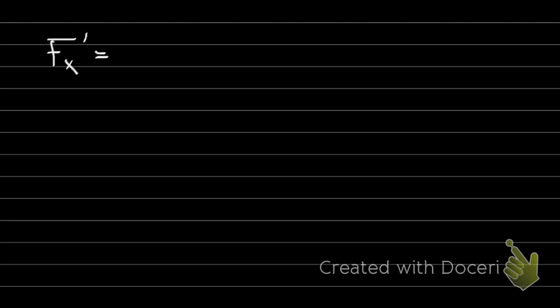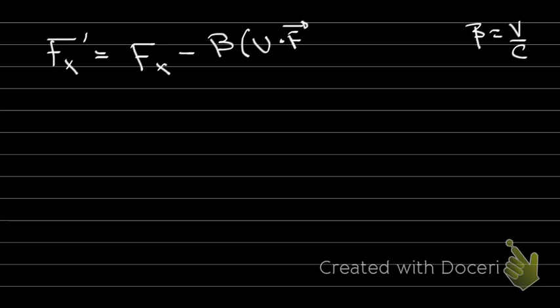So I would have that for my fx prime will be equal to fx minus beta, and beta is simply v over c, right? Let me write that down over here. Beta is v over c. So beta times u dot f, your original vector for force, over c, right?